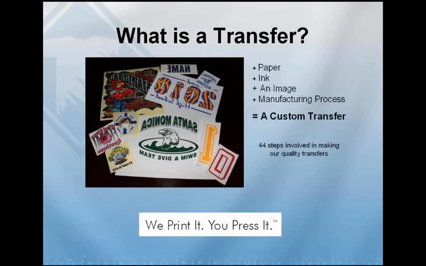Some of you may be asking, what is a transfer? A transfer is made up of paper, ink, an image, and the manufacturing process. That's everything that goes into a custom transfer. There are actually 44 steps involved in making our quality transfers. We offer screen printed or digital transfers applied with a heat press.